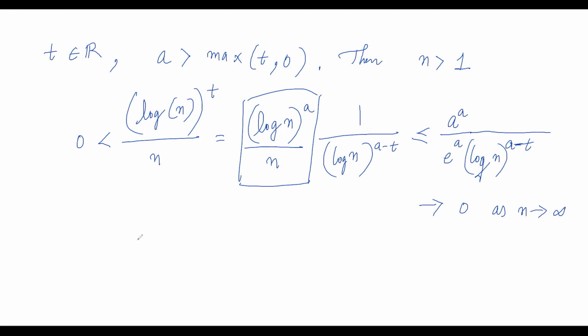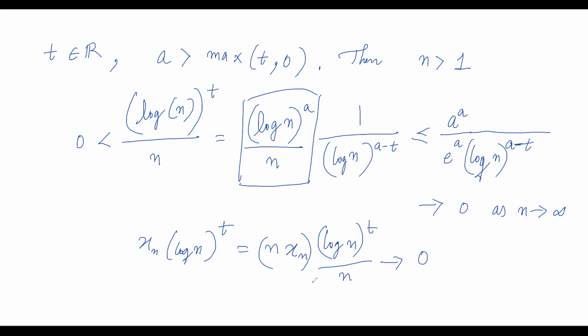And so we can say that x_n (log n) to the power t, which is equal to n times x_n (log n) to the power t over n, tends to 0, because this is tending to 0 as well as this part is also tending towards 0 for all t in R. So this is our answer, and we are done with problem 4.